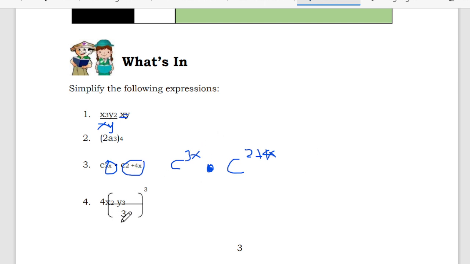Next, inside we have x squared y cubed, and outside is 4 times the quantity x squared, then y cubed, then over 3, raised to the third power. So how are you going to simplify that one?